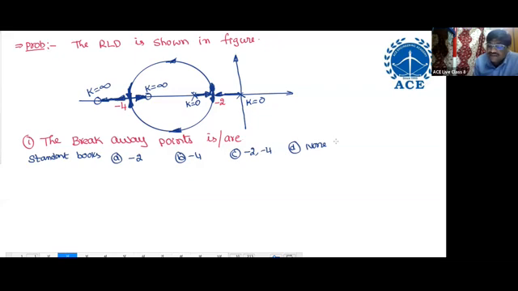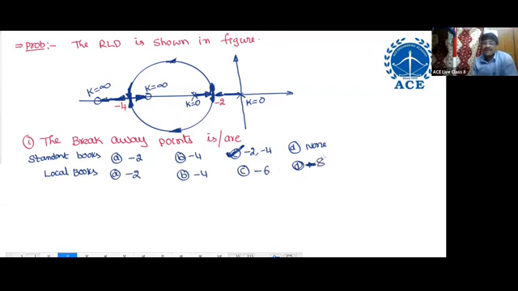Whenever they give like this, the first priority is to go for C, -2, -4. In case that question was prepared from local author books, that fellow will give options like -2, -4, -6, D none, or -infinity, -8. In that case, what is the breakaway point? You select -2. -2 is a breakaway point.